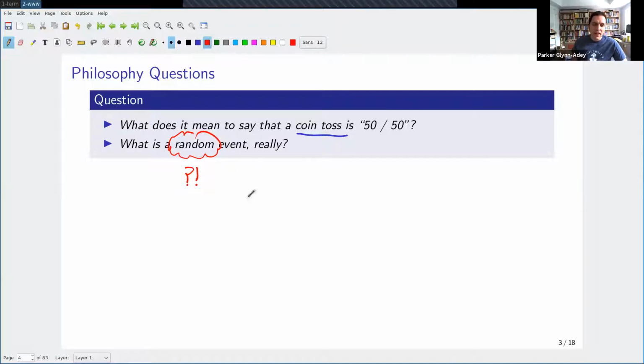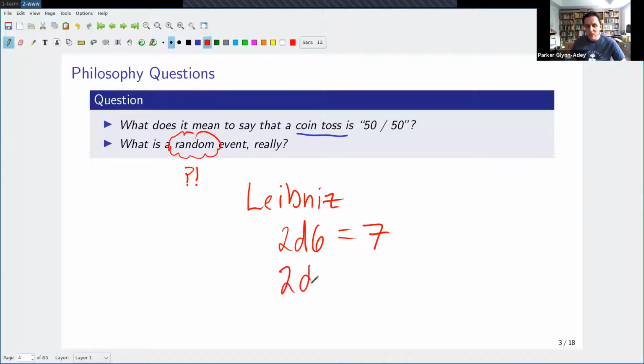So Leibniz argued that it was equally likely to roll a 7 on two dice as to roll a 12. He said the sum of two dice equaling 7 is as likely as the sum of two dice equaling 12. What?